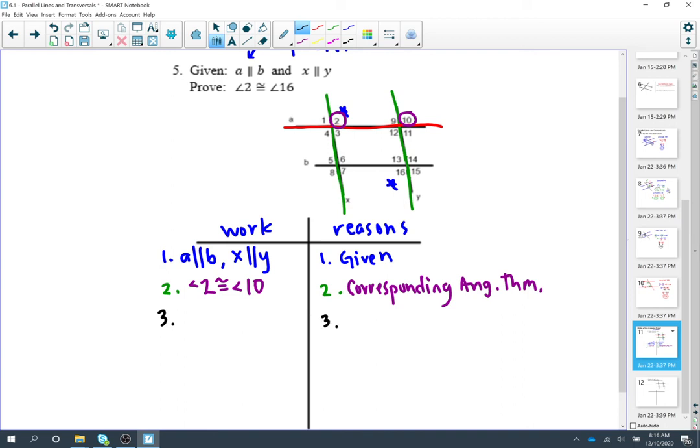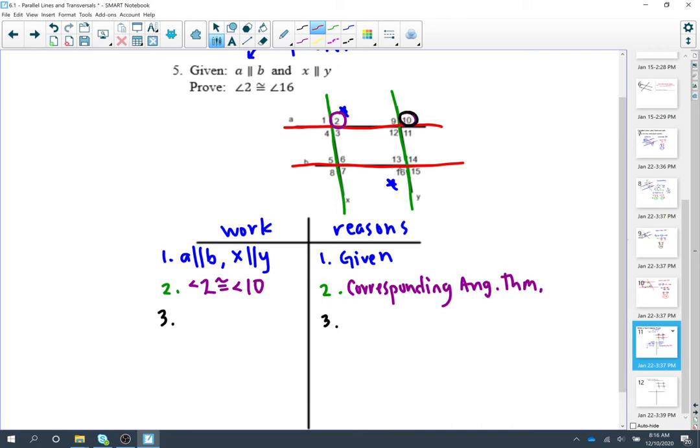Now, we're sitting at 10. Well, 10, we could probably go down here, because if I have my red parallel lines, these are parallel, the red ones, then the green one here is my transversal. So 10 is congruent to who down here? Well, 14, yes, they're corresponding, but I really want to get to 16.